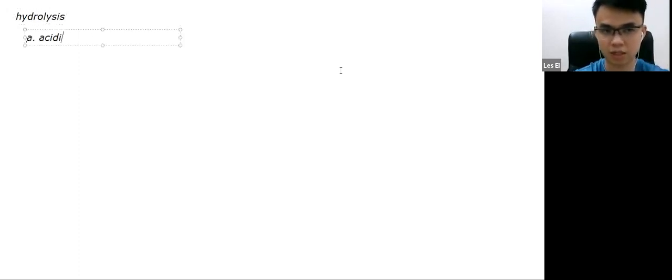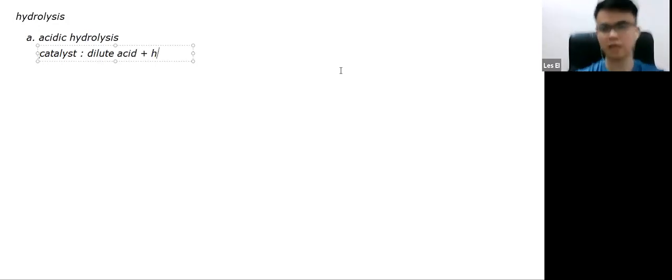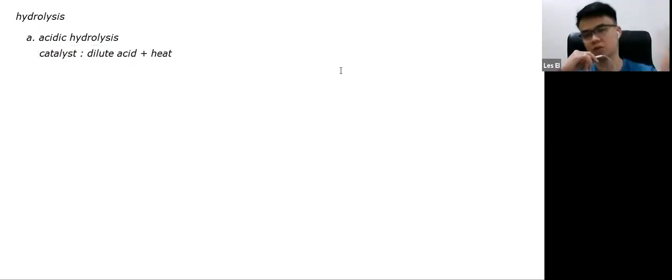The first one is acidic hydrolysis, where the catalyst is dilute acid plus heat. Unlike esterification, to proceed forward, the catalyst has to be concentrated sulfuric acid and you heat it up. To proceed backward, dilute acid and heat is enough already. Dilute is enough, not a must to be concentrated.